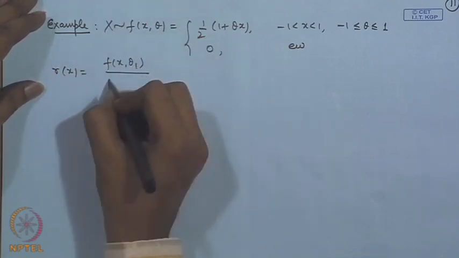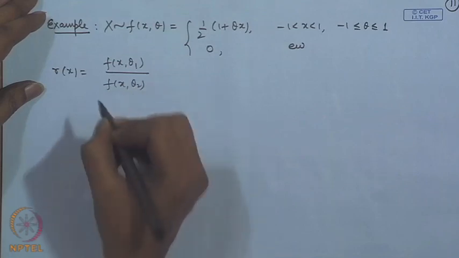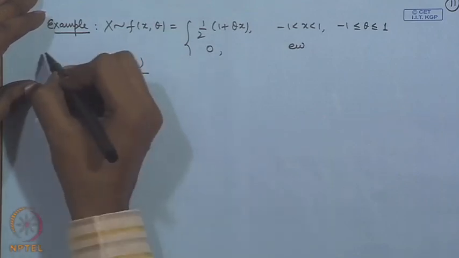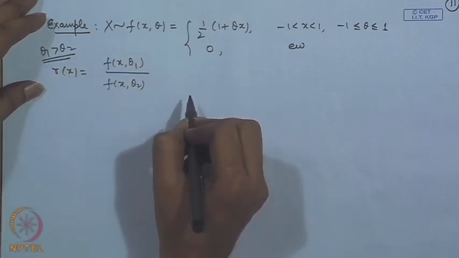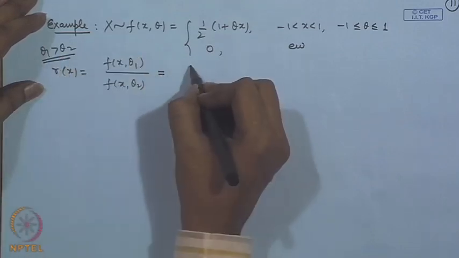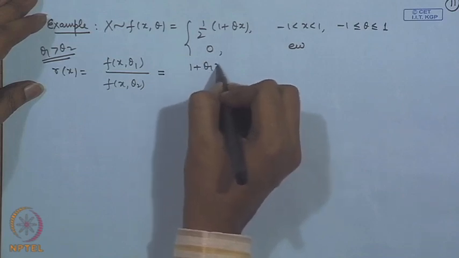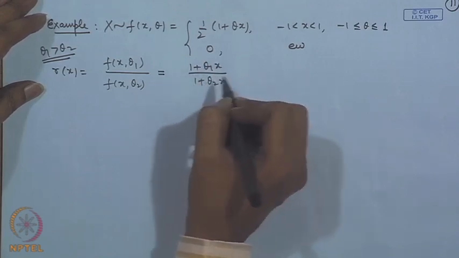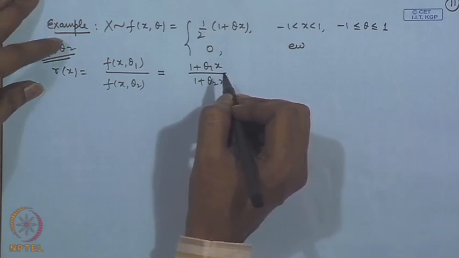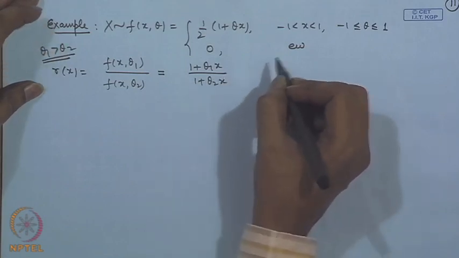The ratio f(x, theta 1) divided by f(x, theta 2). Let us take say theta 1 is greater than theta 2. So, this ratio will become (1 plus theta 1 x) divided by (1 plus theta 2 x). So, whether this is increasing or decreasing, it will depend upon theta 1 greater than theta 2.